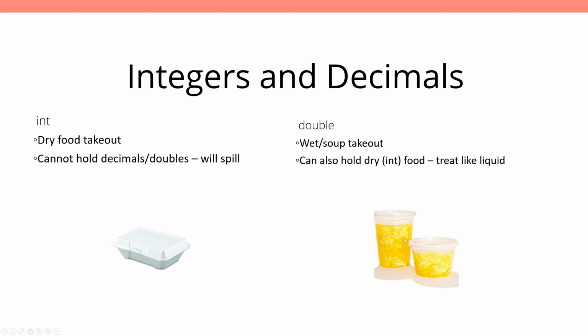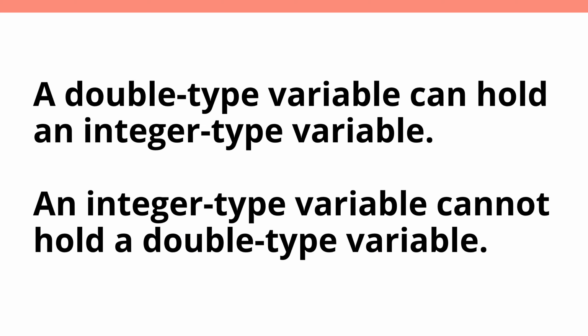So integers can go into double variables, but double variables cannot go into integer or int variables. Okay, so a double type variable can hold an integer type variable, but an integer type variable cannot hold a double type variable. To continue the analogy, a wet food container can hold dry food, but a dry food container cannot hold wet food.